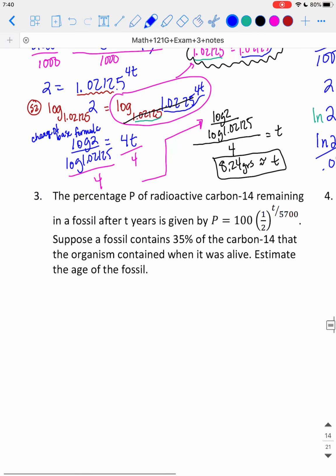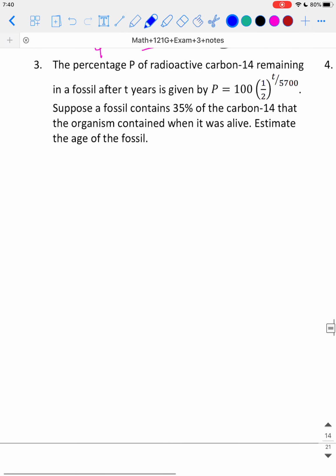Okay, number 3. The percentage P of radioactive carbon-14 remaining in a fossil after t years is given by P is equal to 100 times 1/2 to the power of t over 5,700. Suppose a fossil contains 35% of the carbon-14 that the organism contained when it was alive.